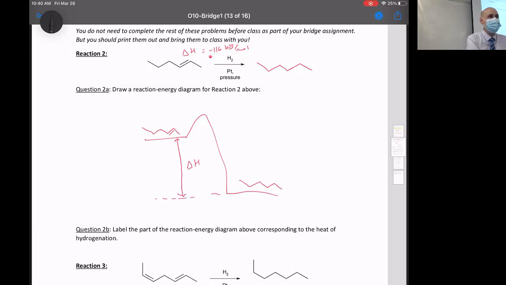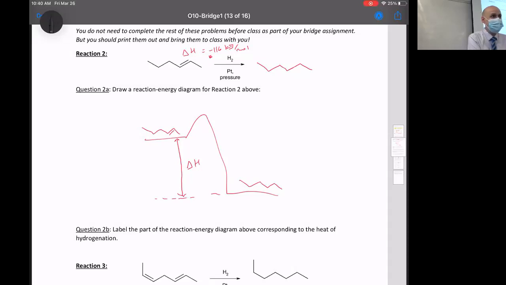So the point is, we don't have to worry perfectly about all of these numbers. I'm not going to ask you to regurgitate any of these numbers. You do not have to memorize any of these numbers. We're just going to use them to draw conclusions today. But the point is that it's going to go down in energy by a certain amount, and it's a pretty big gap. And that's where we would see this. Everybody good with that? Okay.